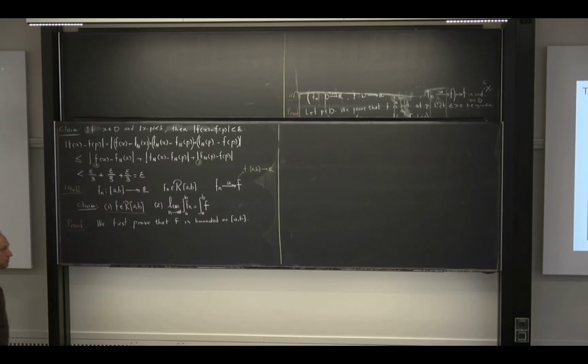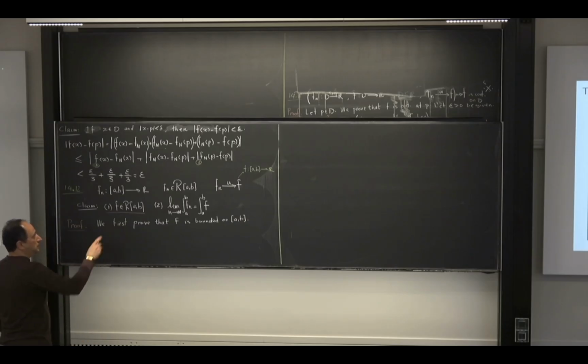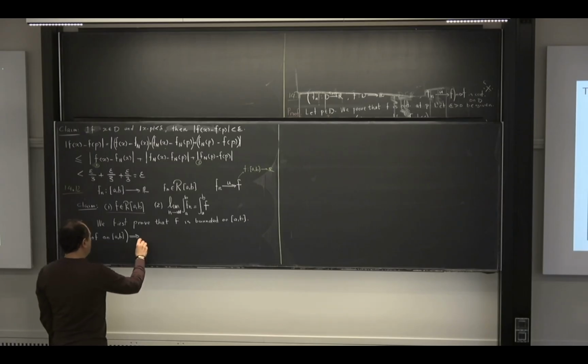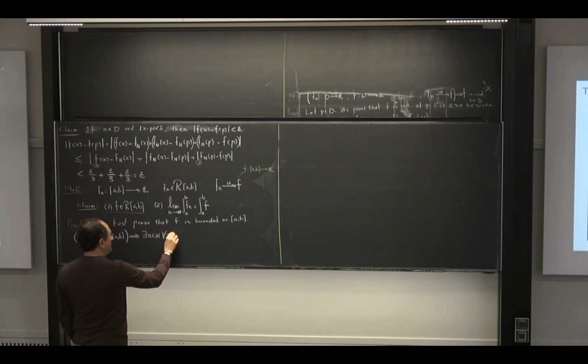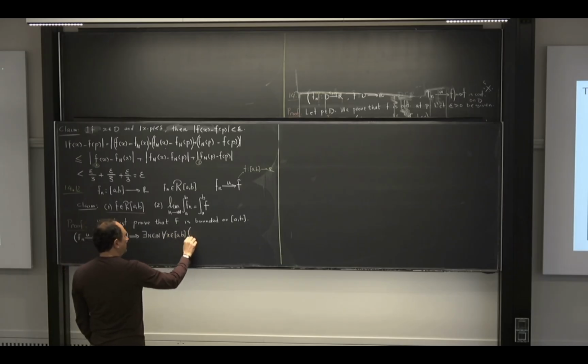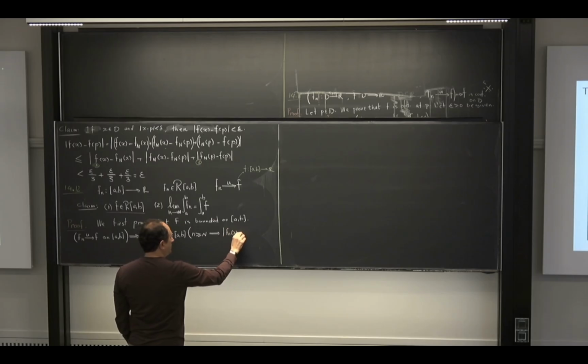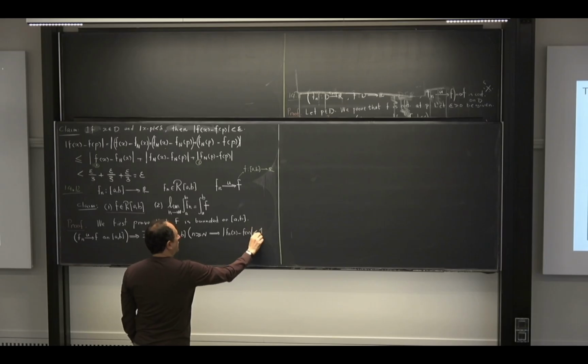Okay? So how do you think we can show that? Because Fn converges to F uniformly on A and B, from this one, do you agree that I can conclude that there is an N such that for all x in A and B, if n is greater than or equal to N, then absolute value of fn of x minus f of x is less than 1.